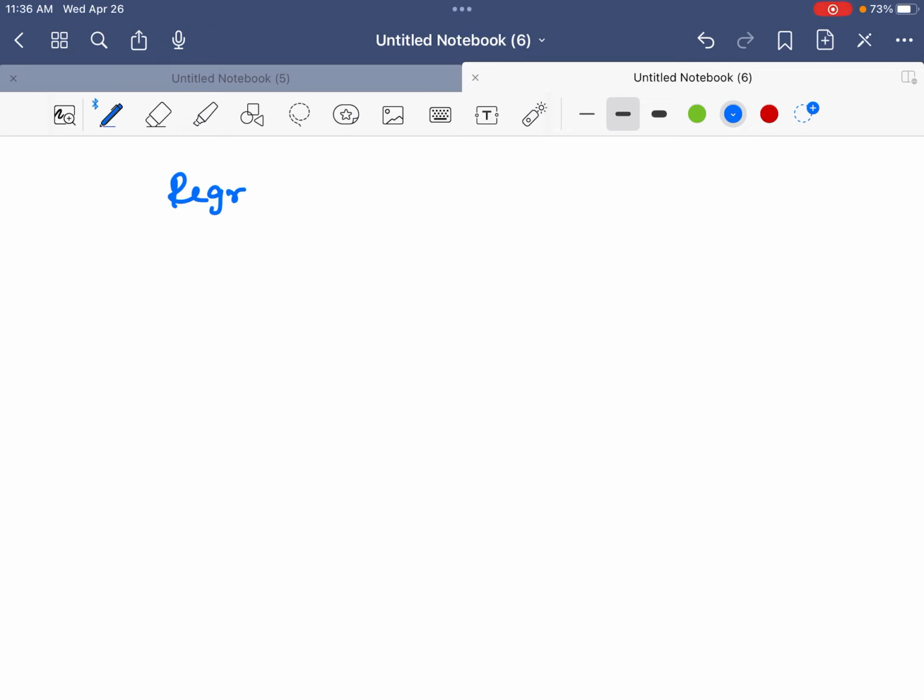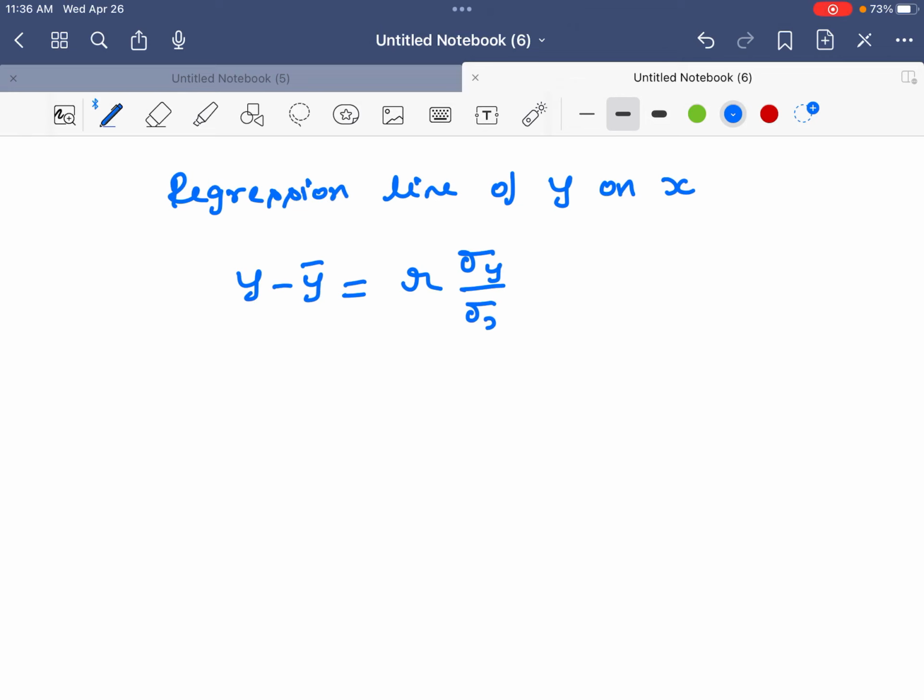The regression line of y on x is given by y minus y bar equals r into sigma y by sigma x multiplied with x minus x bar, where x bar is the mean of the x series, y bar is the mean of the y series, sigma y is the standard deviation of y series, and sigma x is the standard deviation of x series. r is considered to be the correlation coefficient.